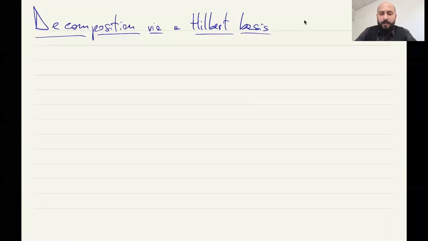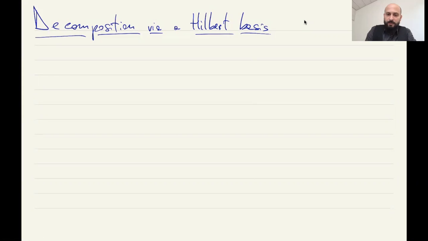As in finite dimensions, a basis lets us write any element of a Hilbert space in a canonical way using the basis. However, when we have infinite dimensions, we cannot just write finite sums. We have to consider limits of finite sums, so series.